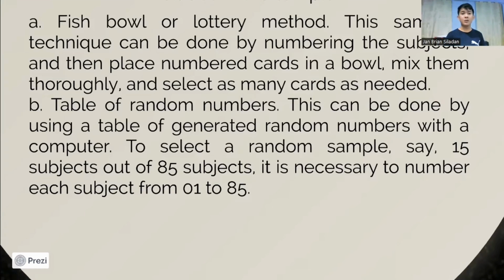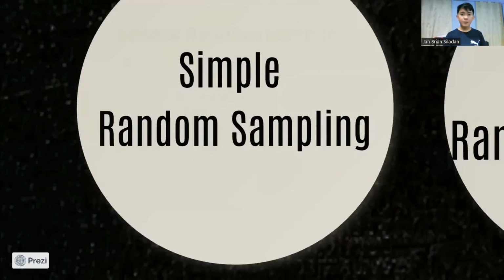This can be done by using a table of random numbers generated with a computer. For example, to select a random sample of 15 subjects out of 85 subjects, it is necessary to number each subject from 1 to 85 and then take a number so that you could have that random sample. So those are just some examples of a simple random sampling technique.